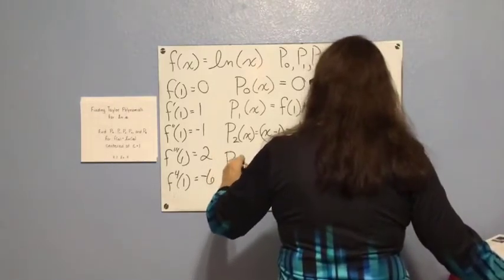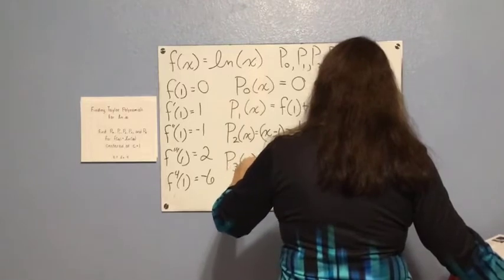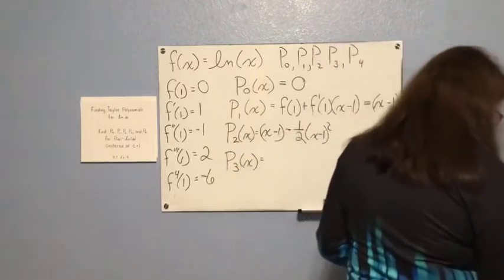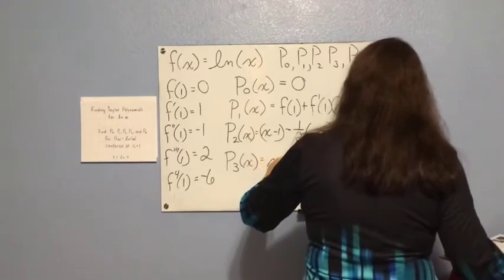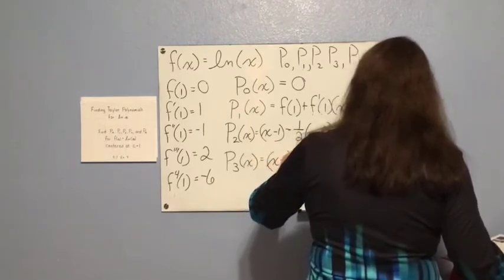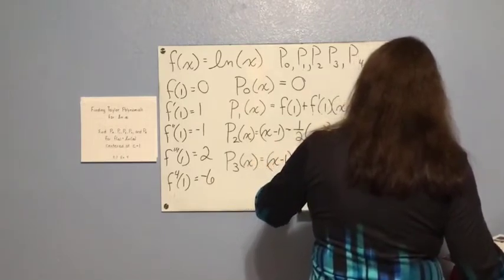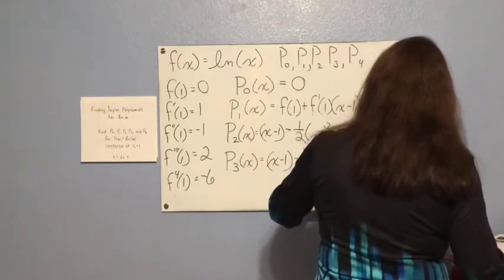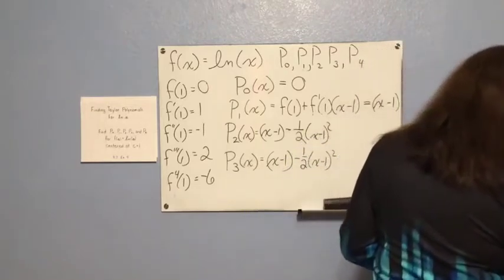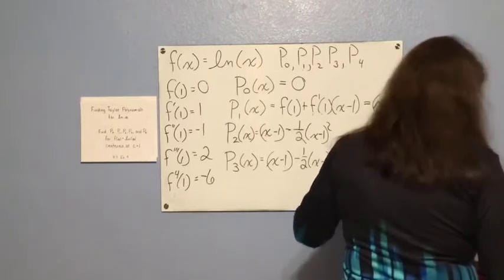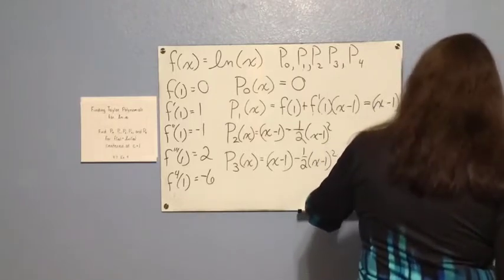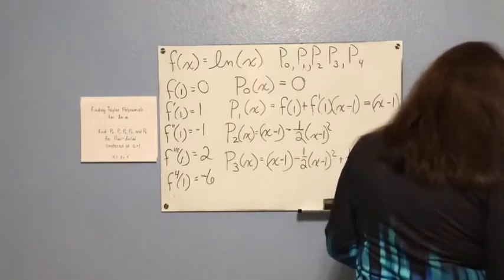And using the same pattern, p sub 3 is x minus 1 minus 1/2 of x minus 1 squared plus 1/3 of x minus 1 cubed.